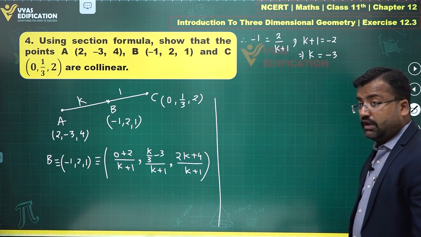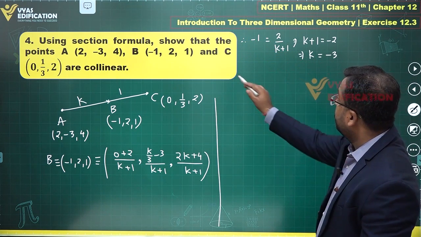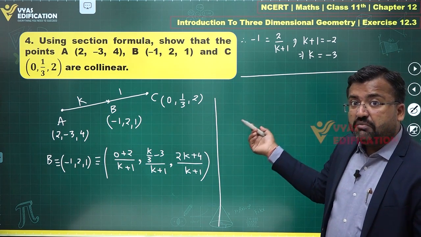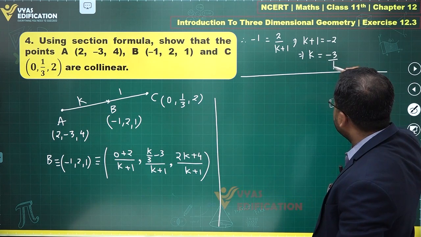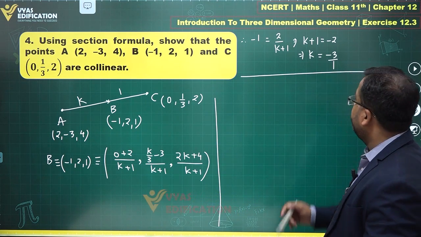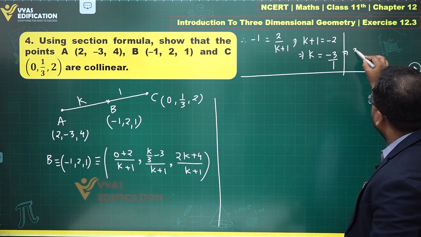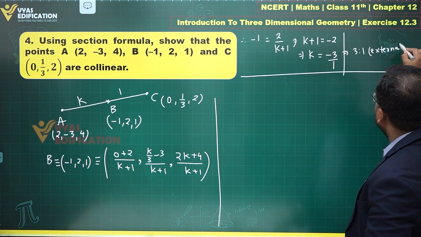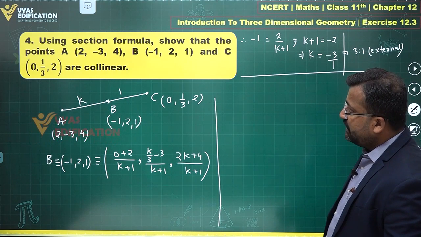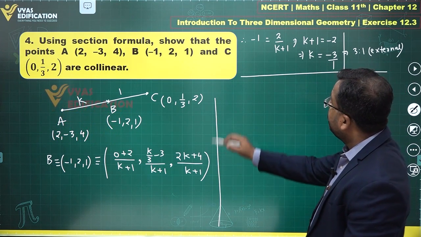K equals minus 3 is what you're getting over here. Division will be external. B divides AC externally in the ratio 3:1. This implies 3:1 external division, AB is to BC. That's what you can say.